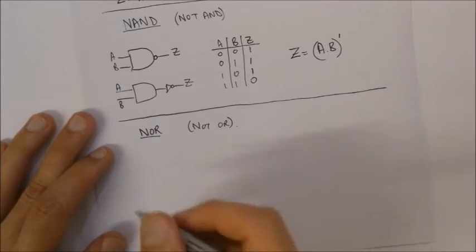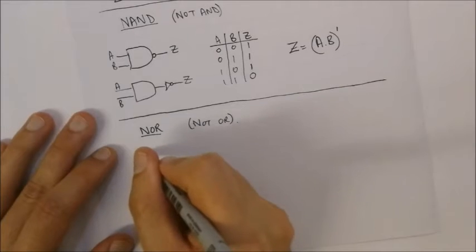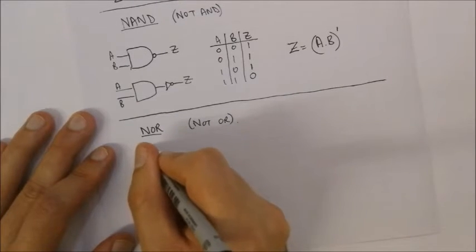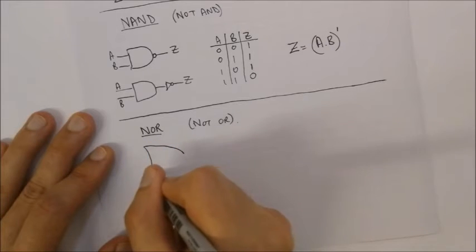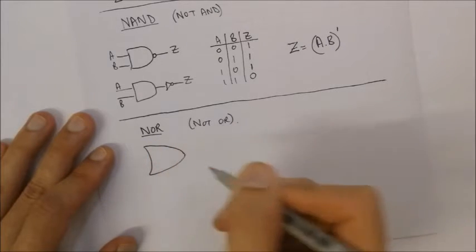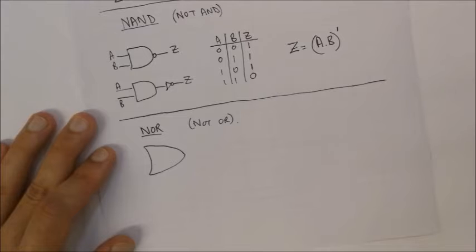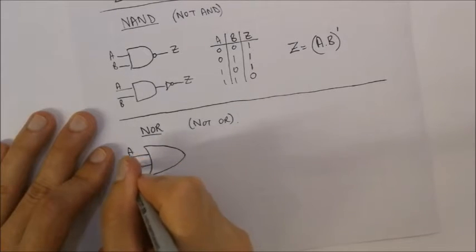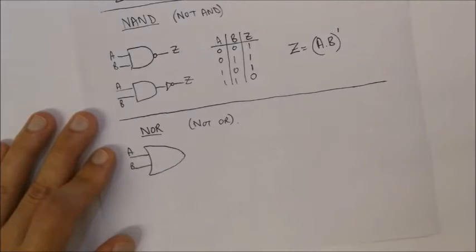Okay, again, the NOR gate looks very much like your OR gate. So you've got your bow at the back going across to a point in a semi-arc fashion over there. You've got your inputs A and B, or more inputs if you wish.